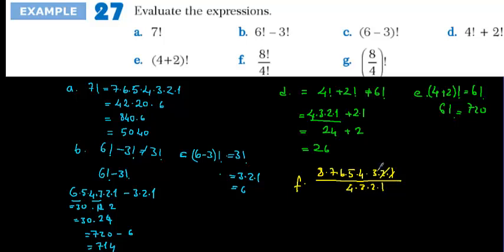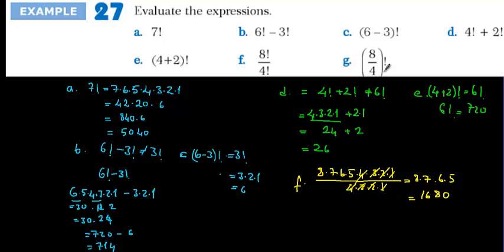Here we simplify, and it is equal to 8 times 7 times 6 times 5, and the answer is going to be equal to 1680.